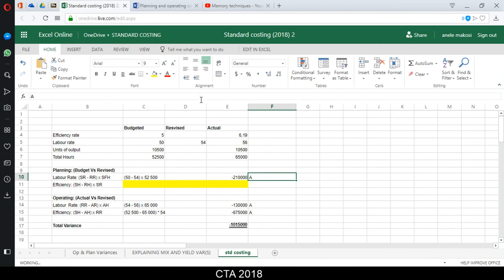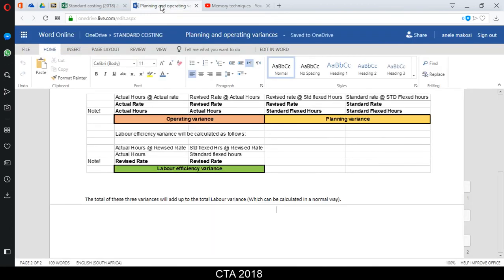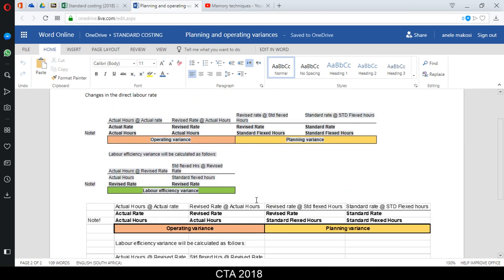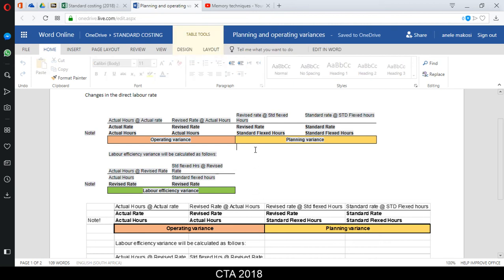Okay, now if we look at these formulas, I have these formulas here. Let's compare that table with these formulas that I drafted some time ago. So when you calculate the operating variance, we have operating variance here, we have the planning variance, and we have labor efficiency variance.